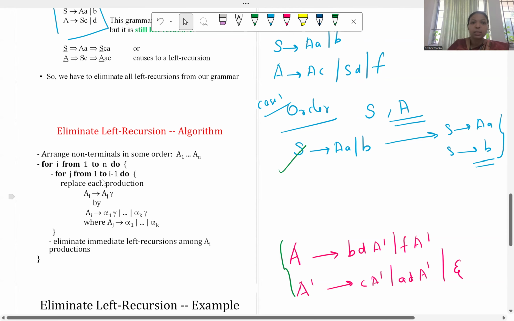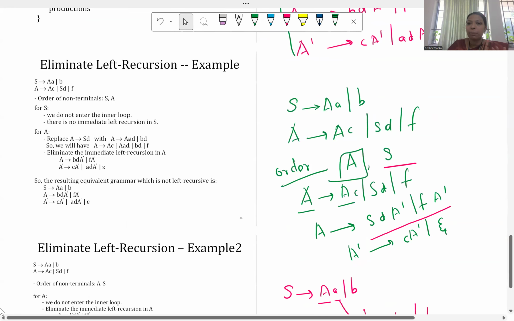If there is direct left recursion, eliminate the immediate left recursion in the production. If there is no direct left recursion, then come inside the inner for loop. What we did here is replace all this A with the value of it.